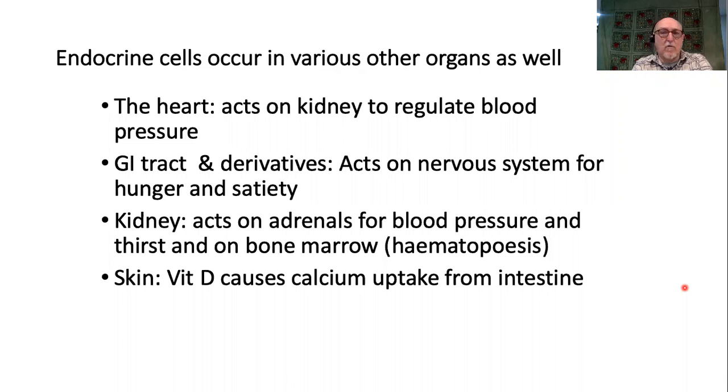They release hormones which act on the kidney to regulate blood pressure. So the heart, as it beats, is actually monitoring the blood pressure. And in response to changes in blood pressure, it releases hormones which act on the kidney to regulate blood volume, which in itself regulates the blood pressure.